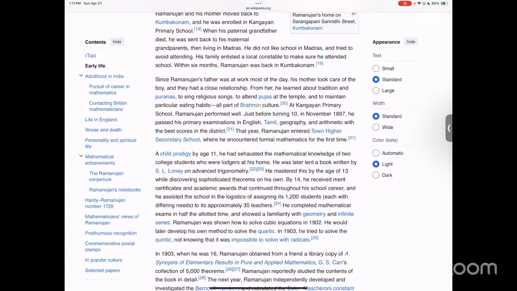On the first page of the book, some information I read right now. It's actually in the book.